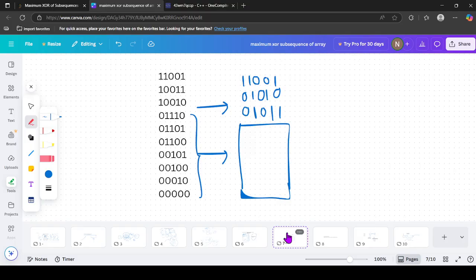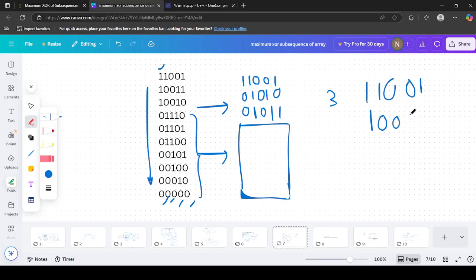So let's take a big example. In this big example, there are many numbers with this bit set, this bit, this bit. Let's say we have three numbers with the highest bit set: 11001, 10011, 10010.